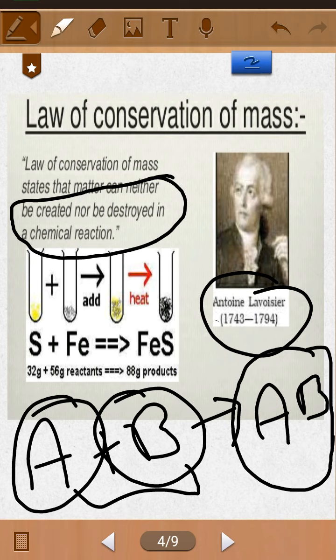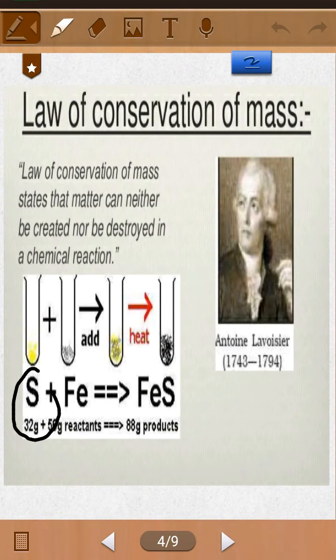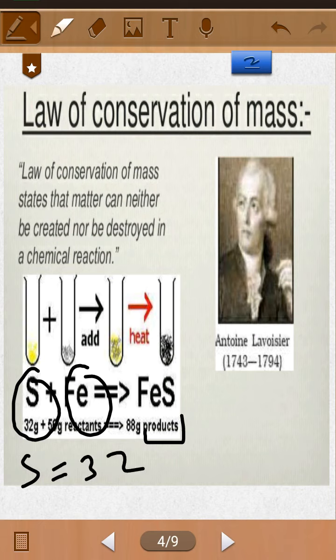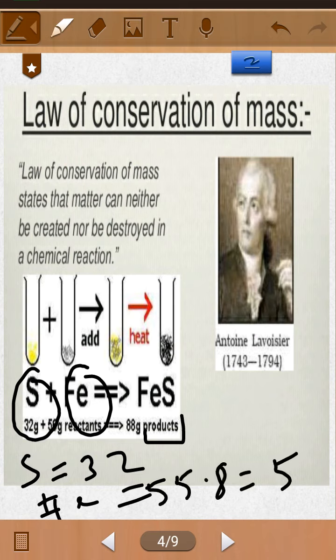For example, here sulfur reacts with iron to form ferrous sulfide. The atomic mass of sulfur is 32 and the atomic mass of iron is 55.8, which is approximately 56.